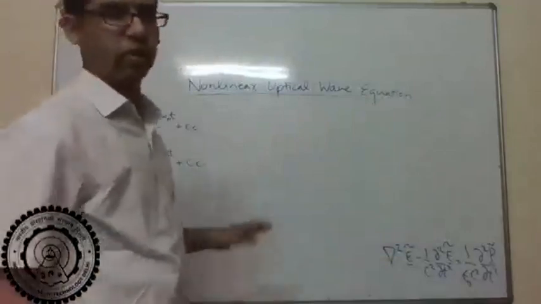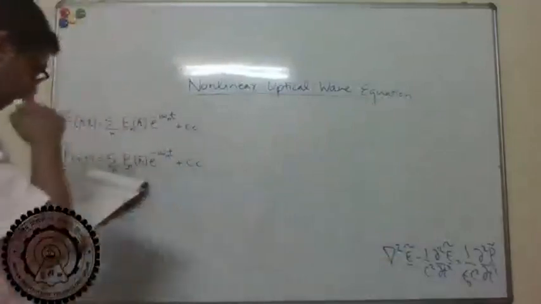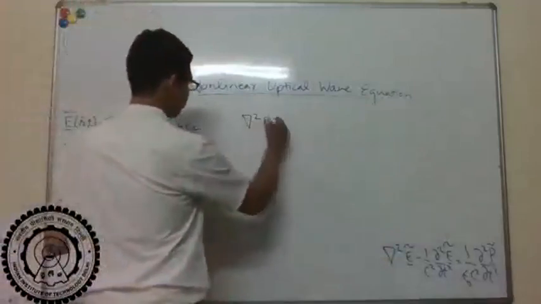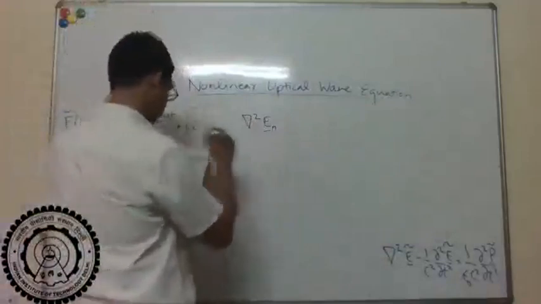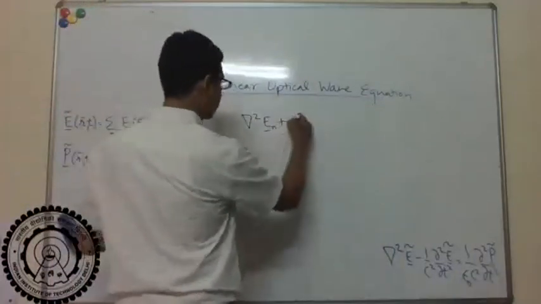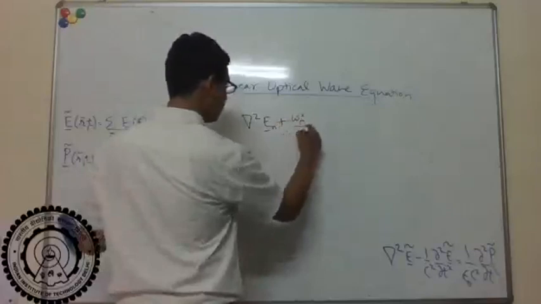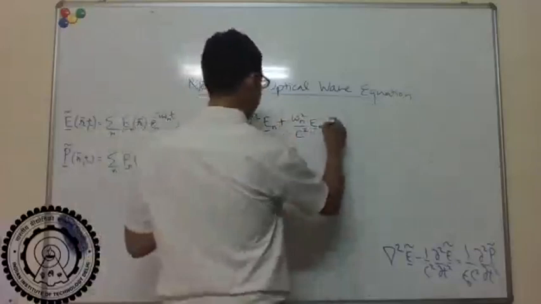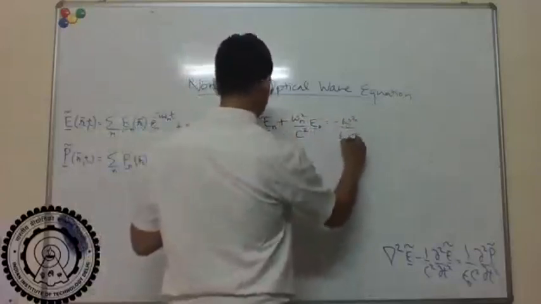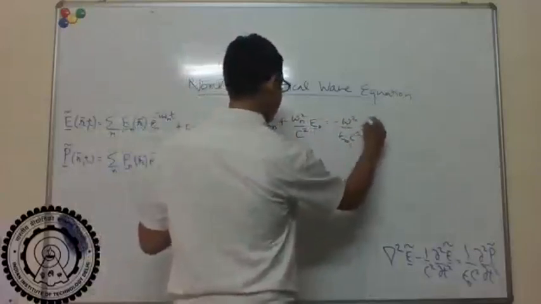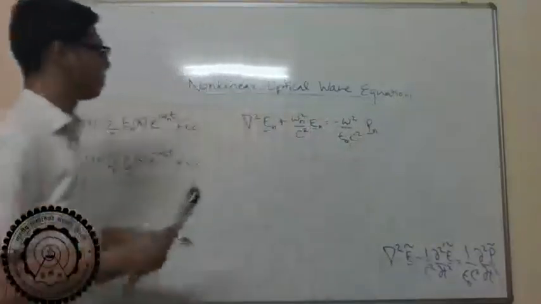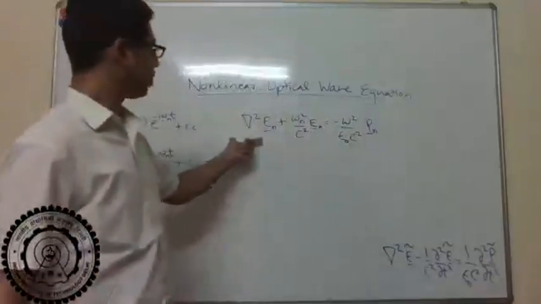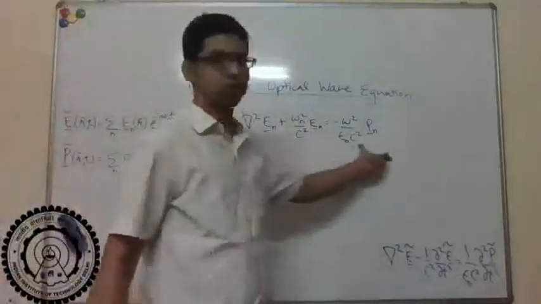For each omega n, and say those have to be equal. So you can see that from that we can get... okay. So if you look at some component n at frequency omega n, for that particular frequency the wave equation reduces to this.